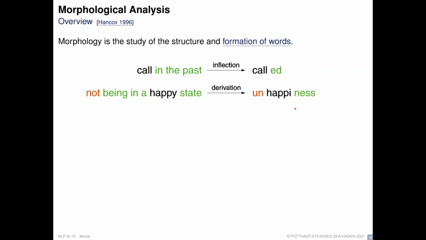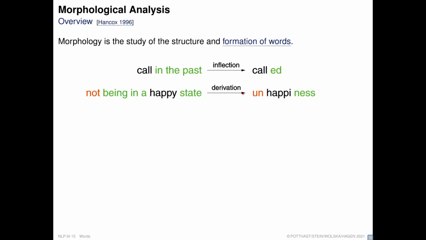It obtains an affix, which in this case denotes a nominalization of this adjective here, happy. So it's a formation of a noun. We want to express a state given a property, which is denoted by this adjective happy.